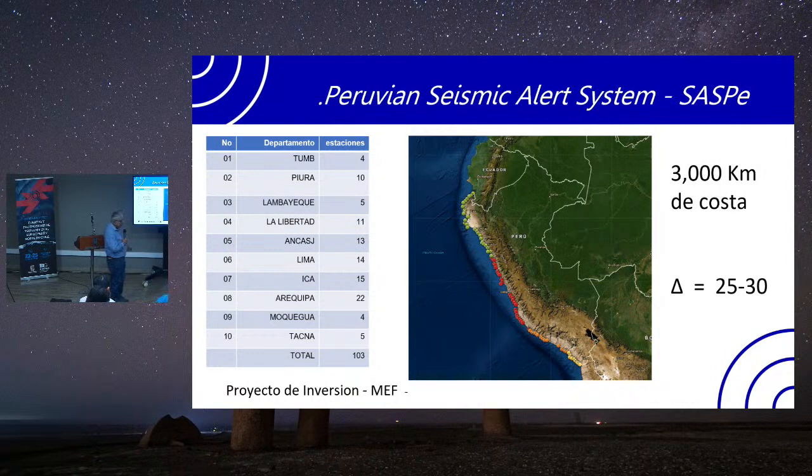However, this system that we are developing in-house has about 110 strong motion stations along the coastline and has provided intelligence to each of those devices installed along the coast, in such a way that as soon as the wave hits the coast, there will be one strong motion station that will detect the P wave arrival, and using AI, it will give a location for the event and an estimated magnitude.